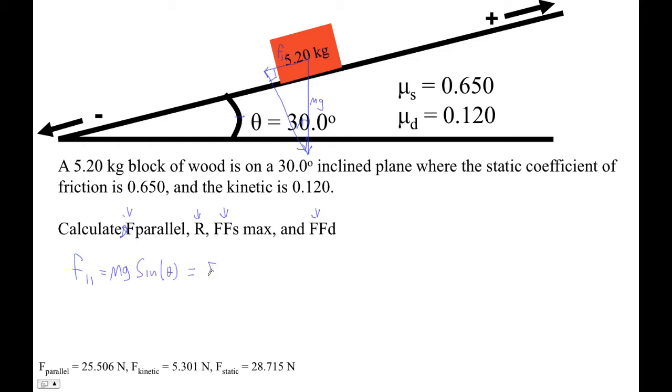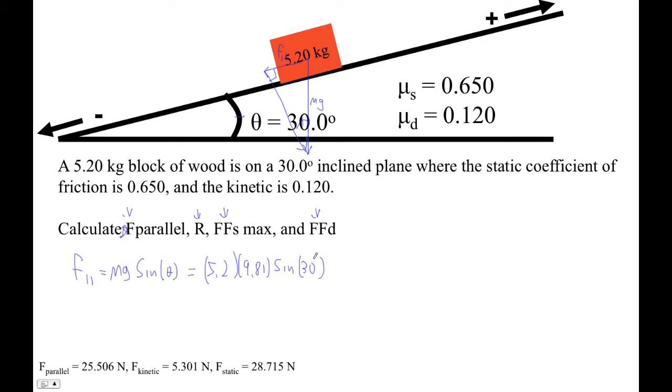In this case, it's 5.2 times 9.81 times sine of 30 degrees. All right, let's do that. 5.2 times 9.81 times sine of 30. I've got to turn my calculator on to do that.